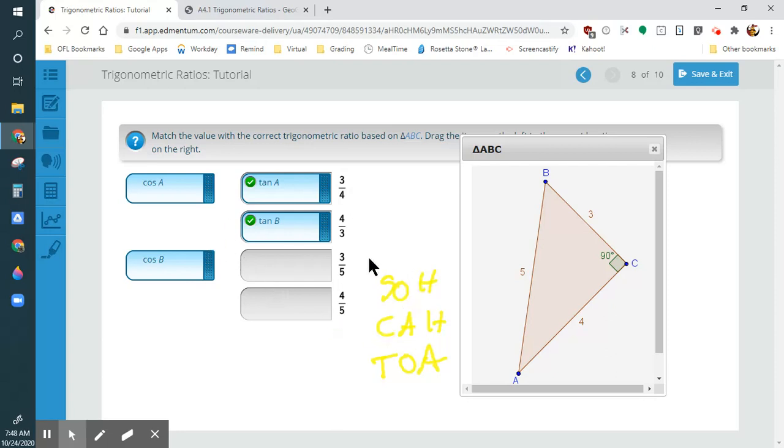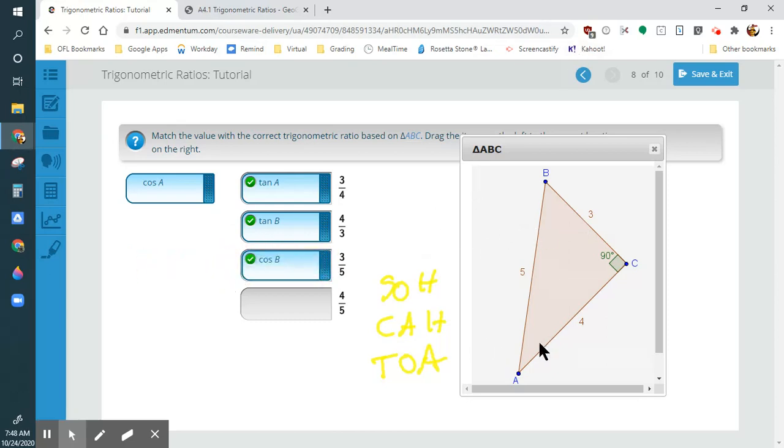All right, the next thing we're going to do is 3 over 5. That looks like my opposite over hypotenuse. So that would be my sine of A. I don't have a sine of A, so I have to do B. That's going to be my adjacent over hypotenuse, so that's my cosine of B. So I'm going to put my cosine of B there.